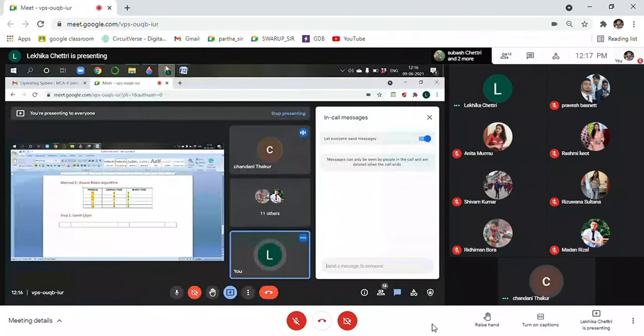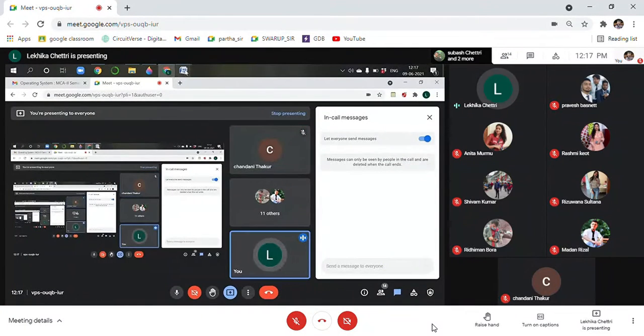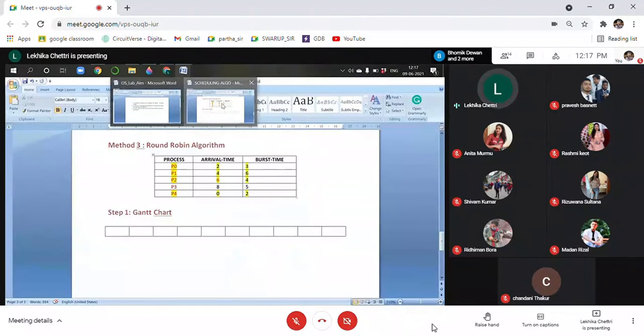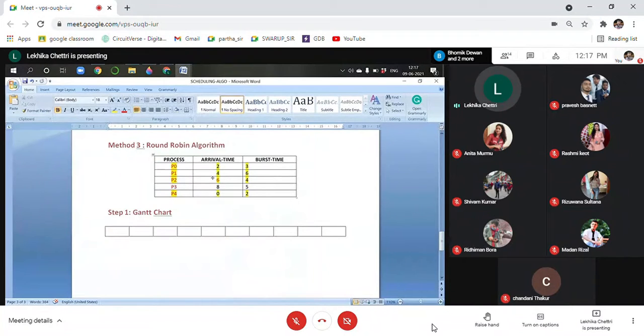Preemptive type of algorithm. Very good, thank you, Chandni. So from this particular snapshot of the operating system, it is very clear that P4 is the process that has entered into the ready queue first.